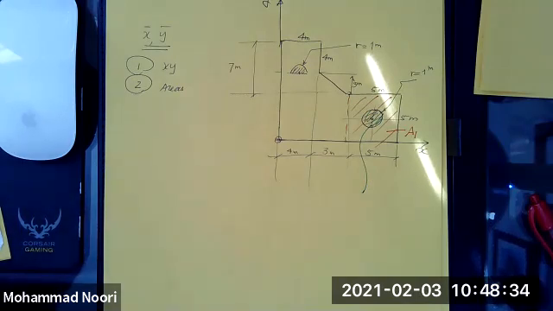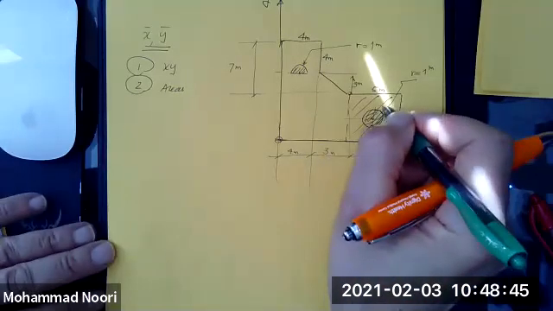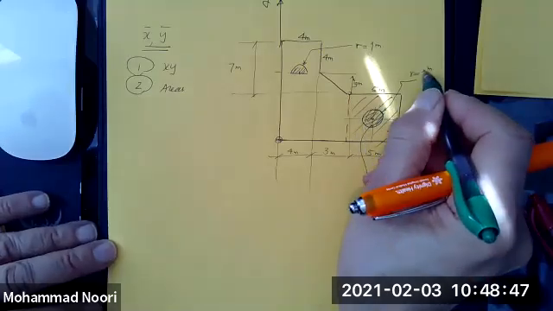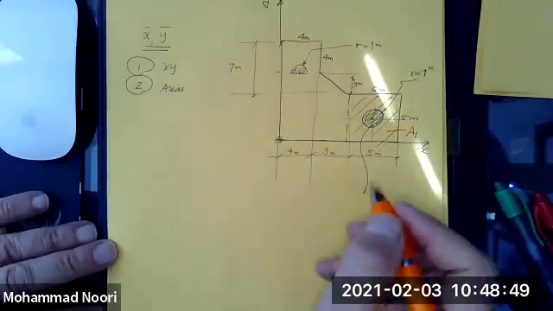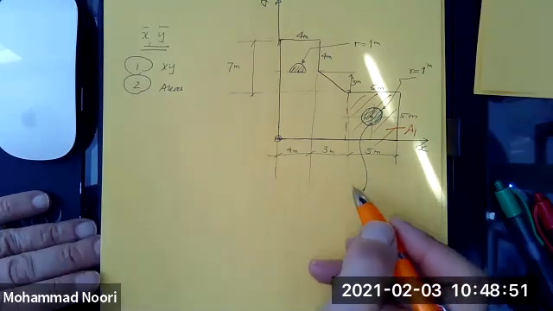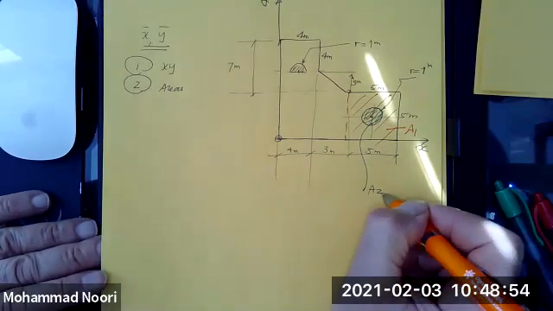This is 7 and this is 9.5. So the radius is 1 meter. No, I have actually tabulated that here. What am I doing? So let's call this A2.